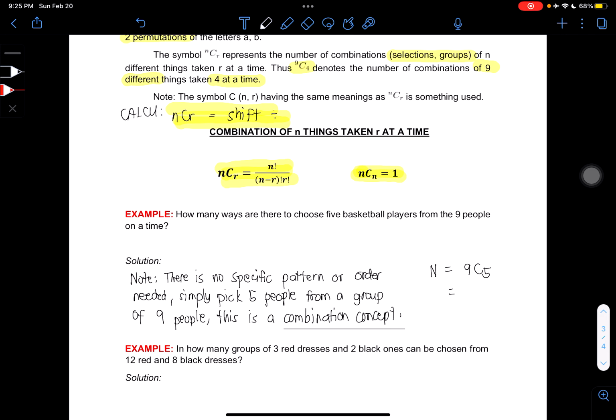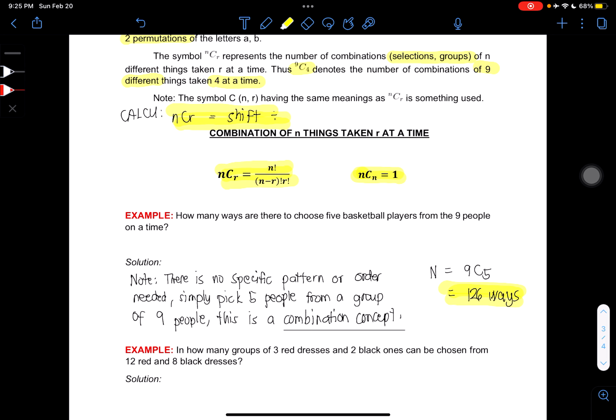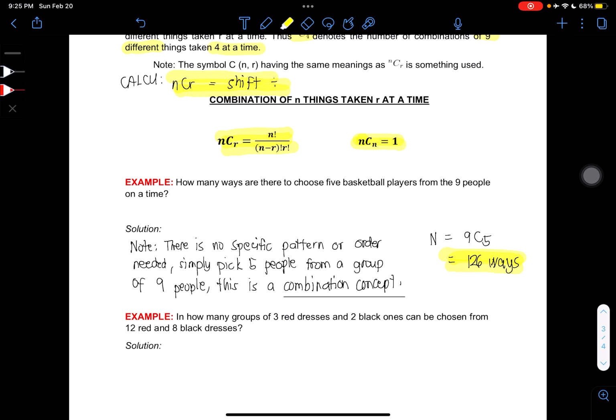So our answer will be 126 ways to choose 5 basketball players out of 9 people. So this is our final answer. This one is more on analysis, since in this subject, engineering data and analysis, you should be able to understand and analyze the problem.